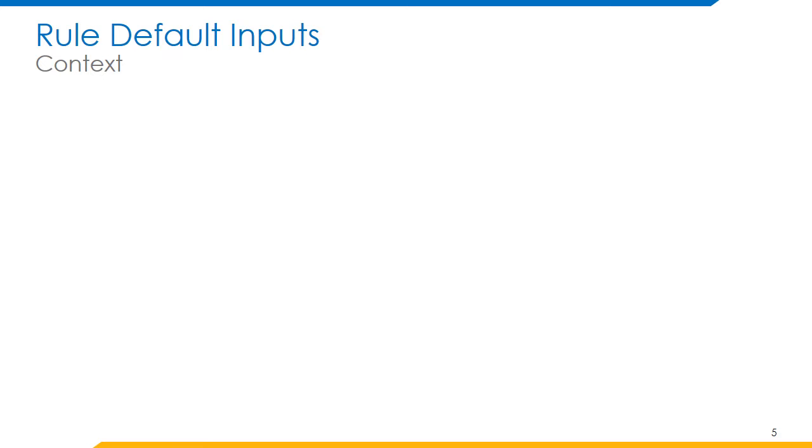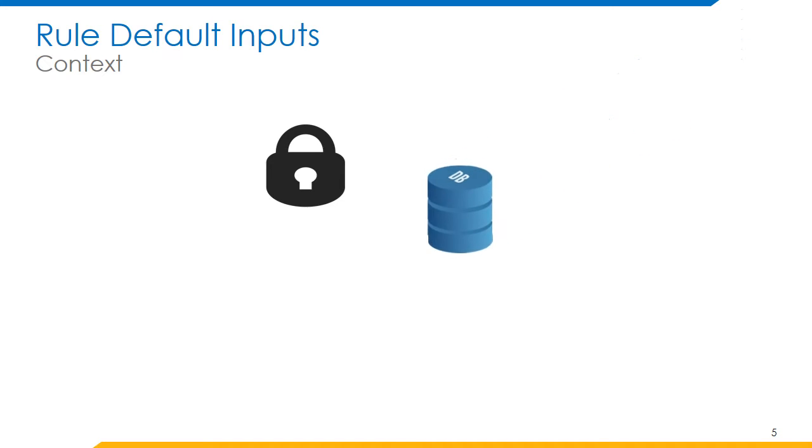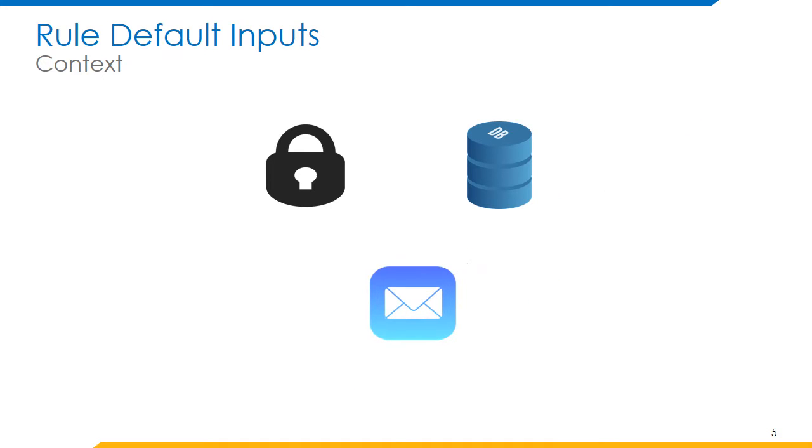Using the context, we can perform various functions like authenticating ourselves as a different user and accessing various database objects that are present in the Identity IQ database. Similarly, we can mail other people using the email templates that are present in the current installation.